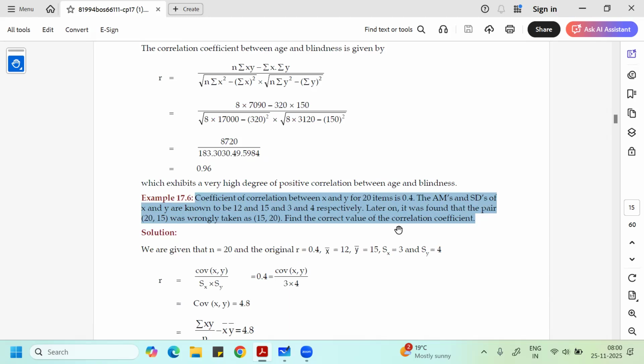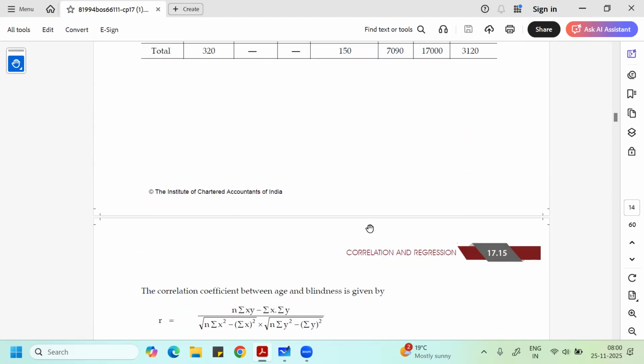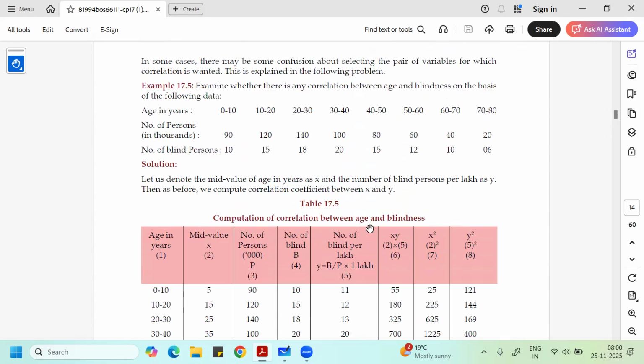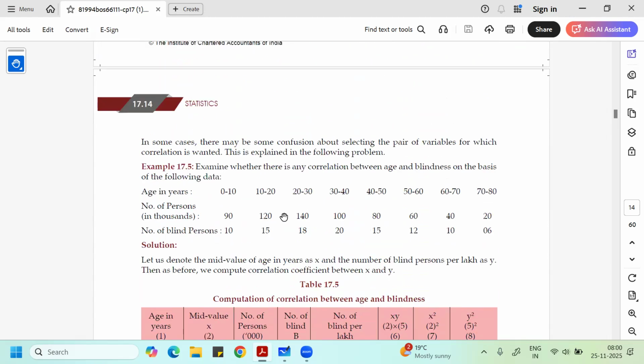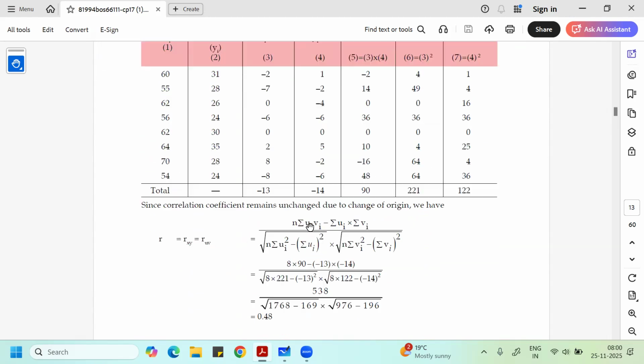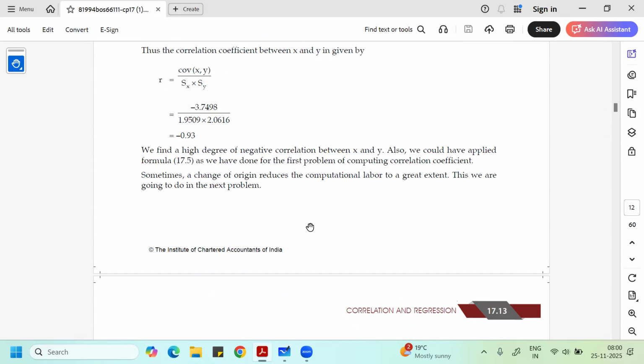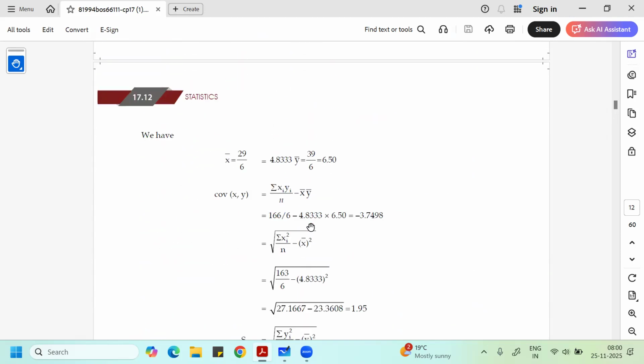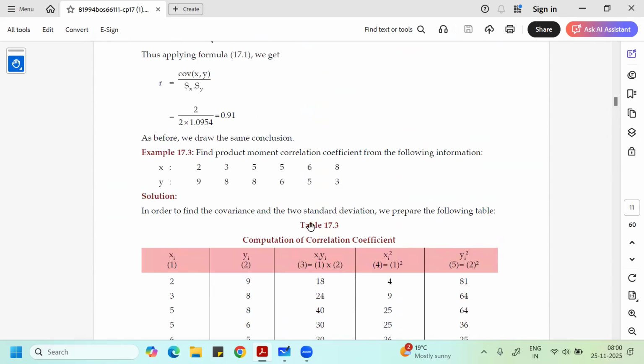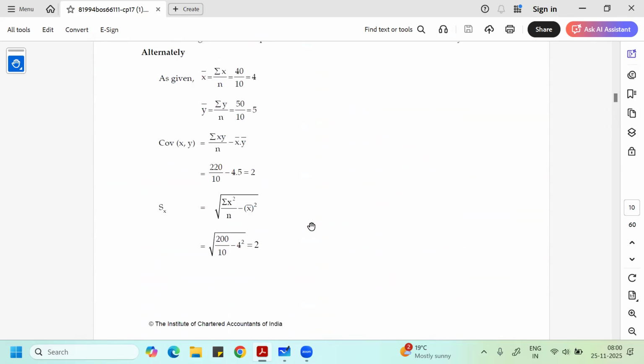I don't mind doing these numericals, but in the exam, if they come, you can ignore them. If you start solving these questions, it will consume a lot of your time. And anyway, all the questions in the exam carry equal marks. So try to avoid these bivariate frequency distribution questions. If you ignore them, it would be good for you. If you start solving them, it would be very lengthy.